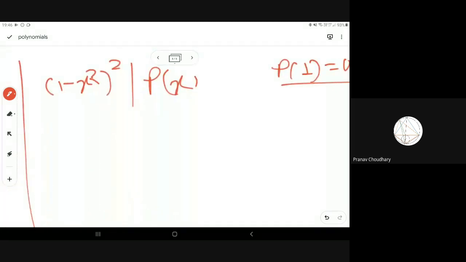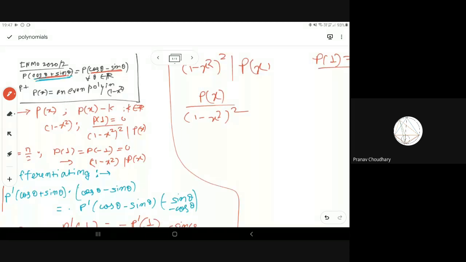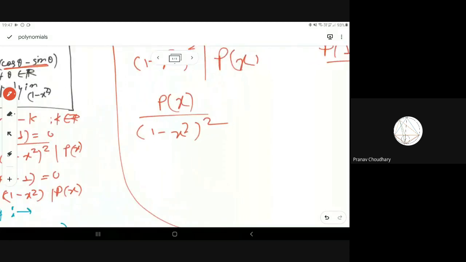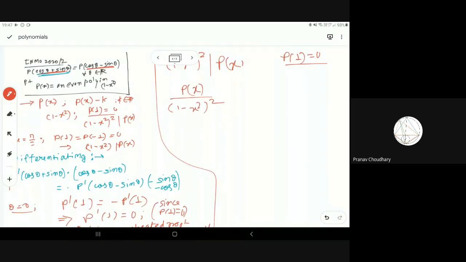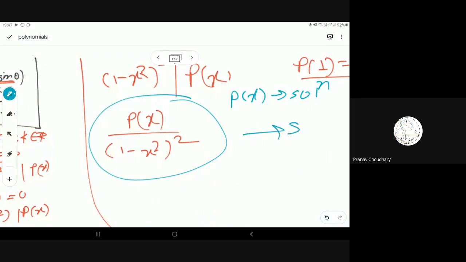Basically, we still need to prove that p of x divided by 1 minus x squared whole squared satisfies the problem. That's basically what we need to prove. And that is easy. You just divide both sides. All right. Yeah, I was being stupid myself for a minute. So we just prove that this relation holds, and now it's very trivial to see that if p of x is a solution, then this thing is also a solution.